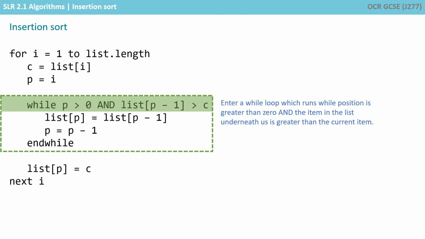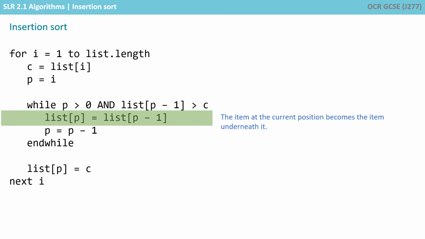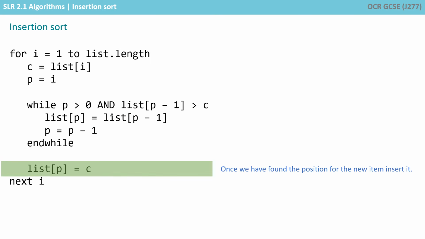We enter a while loop which runs while the position is greater than 0 and the item in the list underneath us is greater than the current item. The item at the current position becomes the item underneath it, swapping them over. Once we've found the position of the new item in the list, we insert it.